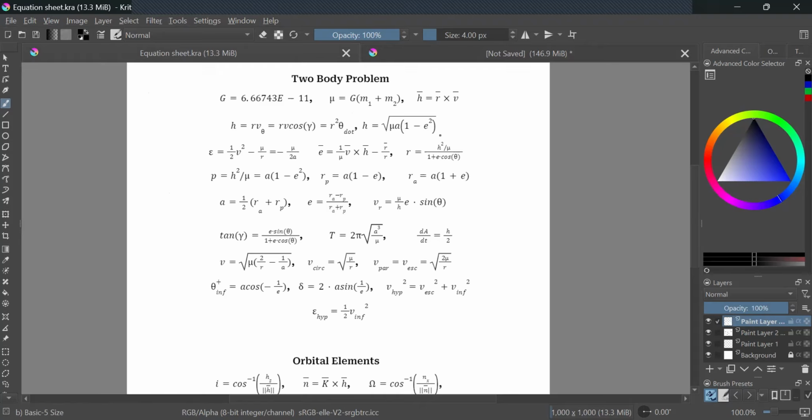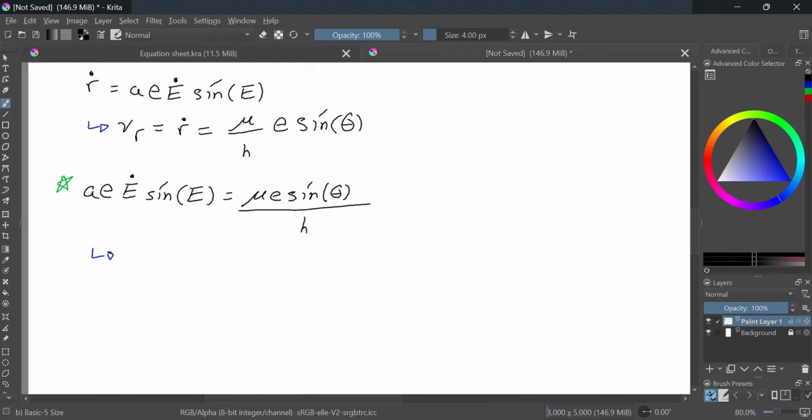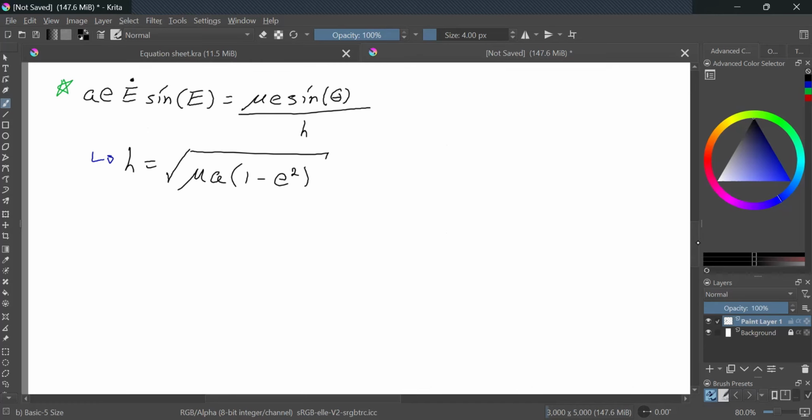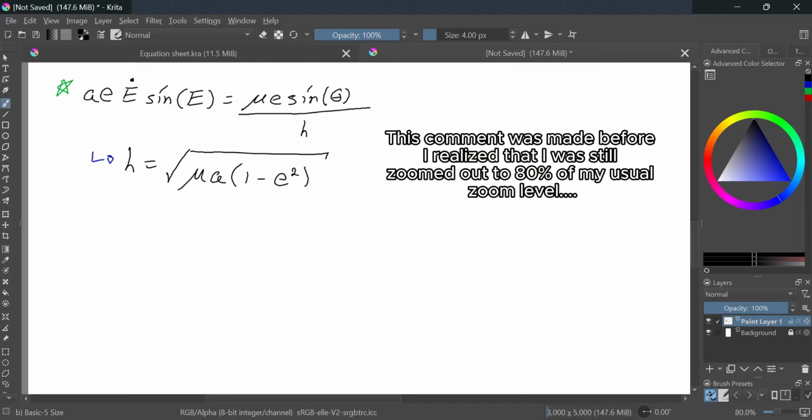Despite having written this, I will still lose my equations. It's fine. So h is equal to the square root of mu a times 1 minus e squared. I'm taking up a lot of space with my writing. Let me try and condense that down.